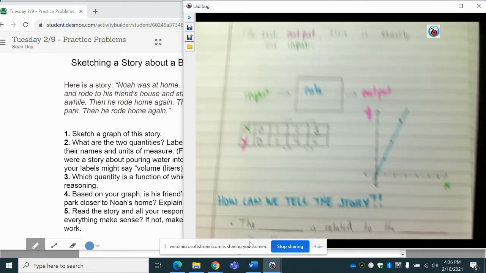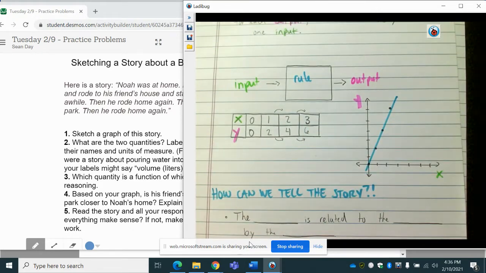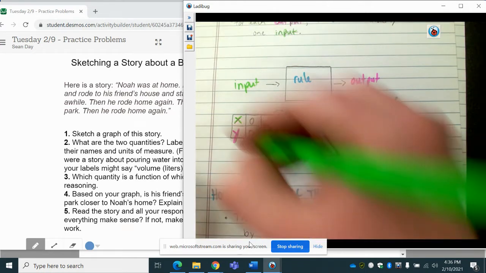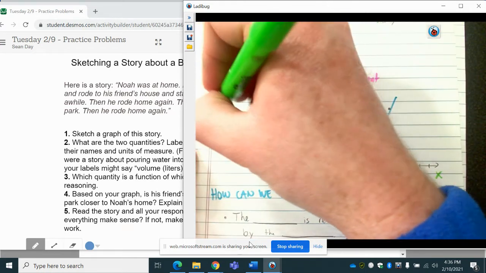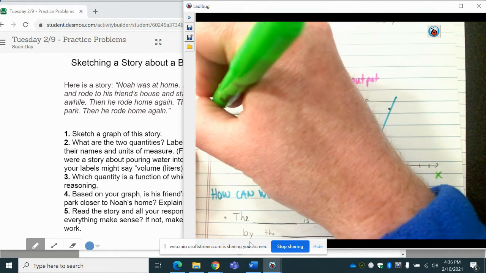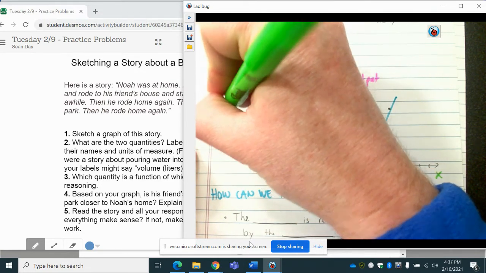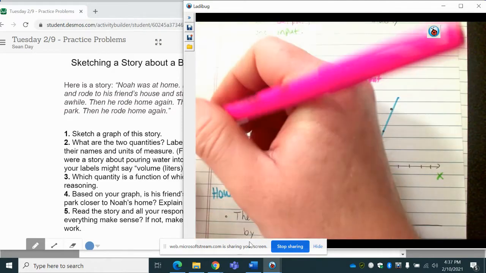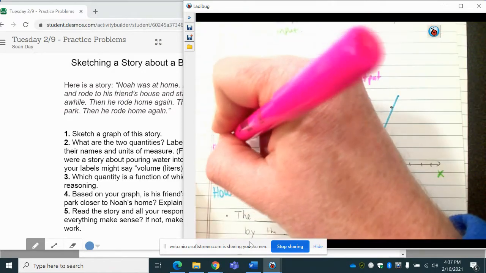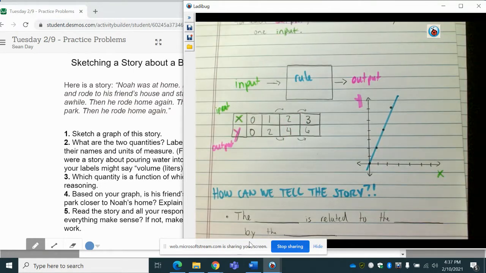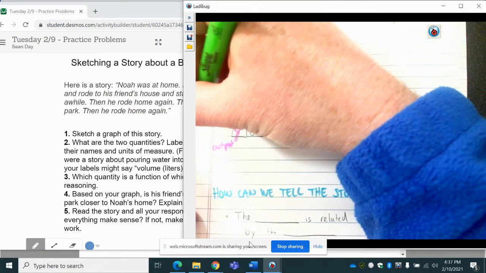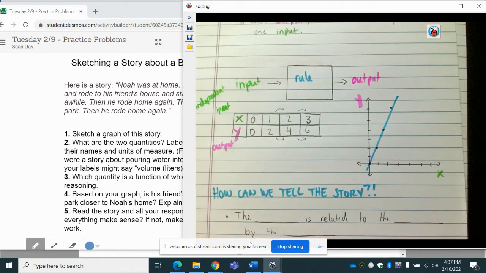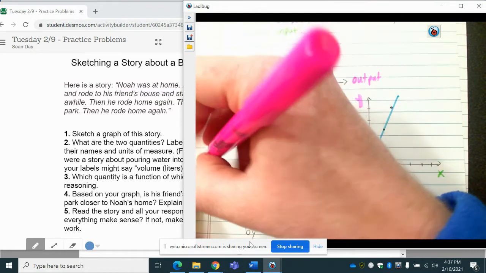We could represent inputs and outputs with tables of ordered pairs, where our X would be our input, and our Y would be our output. We could even take it a step further and say that our X is our independent variable, and our Y, our output, is our dependent variable.